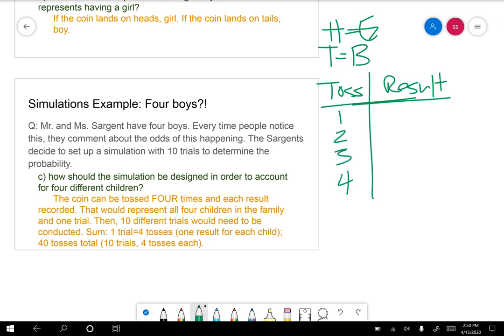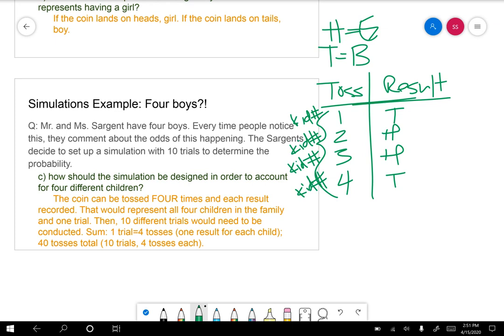Each toss represents a different child. So this is kid number 1, kid number 2, kid number 3, and kid number 4. So if we toss that coin 4 times, that gives us results for all 4 kids.